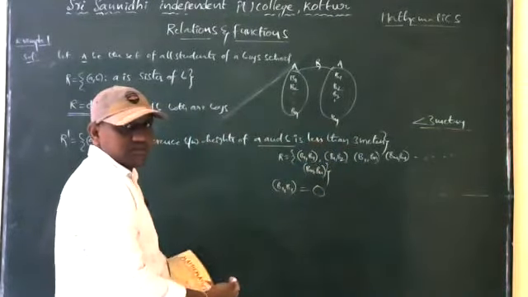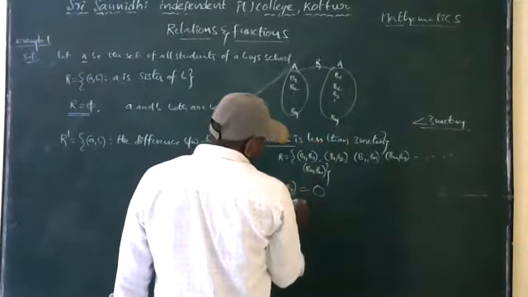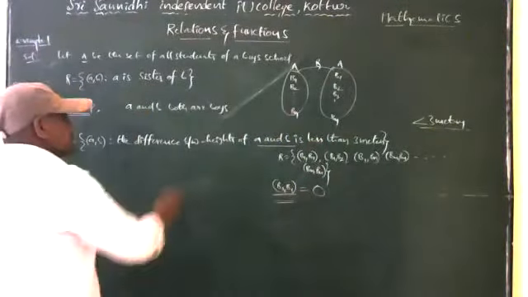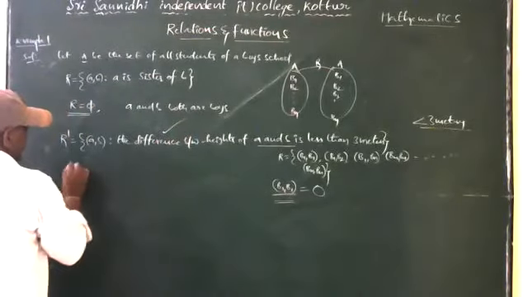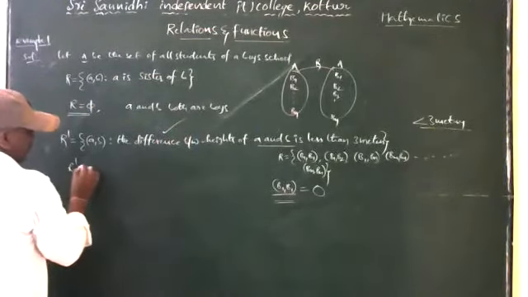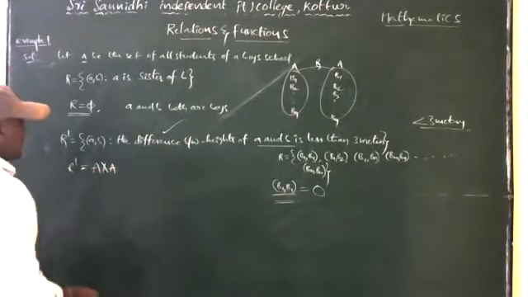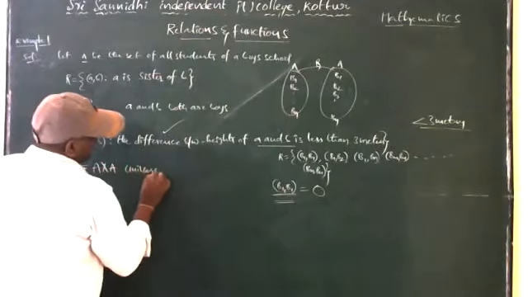That's why, if you take any ordered pair, it must satisfy this relation, the difference between heights of A and B. That's why R dash is equal to A cross A. That's why it is a universal relation.